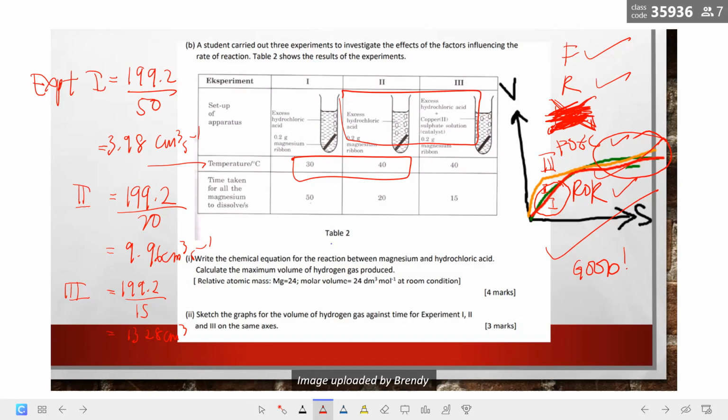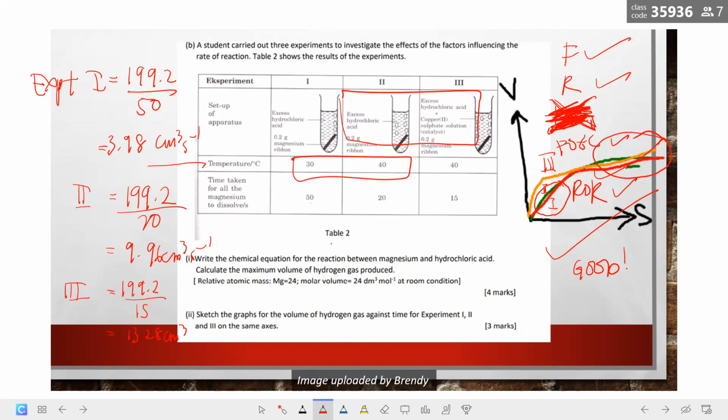Who would like to try? Zahir, want to try? Chair, can I try, Chair? Bobby, go ahead. The presence of catalyst in experiment 3. Okay, wait. You must name your catalyst. Copper 2 sulfate solution. The presence of copper 2 sulfate solution in experiment 3 provides an alternative pathway for the reaction to occur compared to experiment 2.